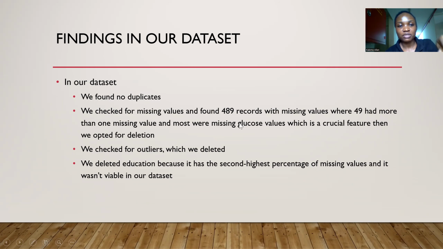As we shall show in the code, we removed the fields that had missing values. For example, education. Education doesn't really contribute to someone having heart disease. It had no outliers, and it really had not many inconsistencies. That's why we chose this data set.